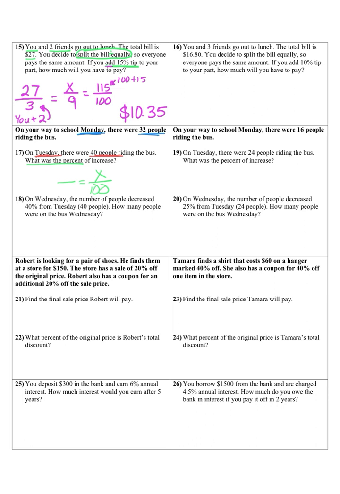On your way to school Monday, there were 32 people riding the bus. On Tuesday, there were 40 people riding the bus. Oh yeah, remember what comes first? Monday comes first. So Monday is the original amount or the denominator. So on Monday, there were 32 people on the bus. On Tuesday, there were 40, but I just want to know the percent of increase.